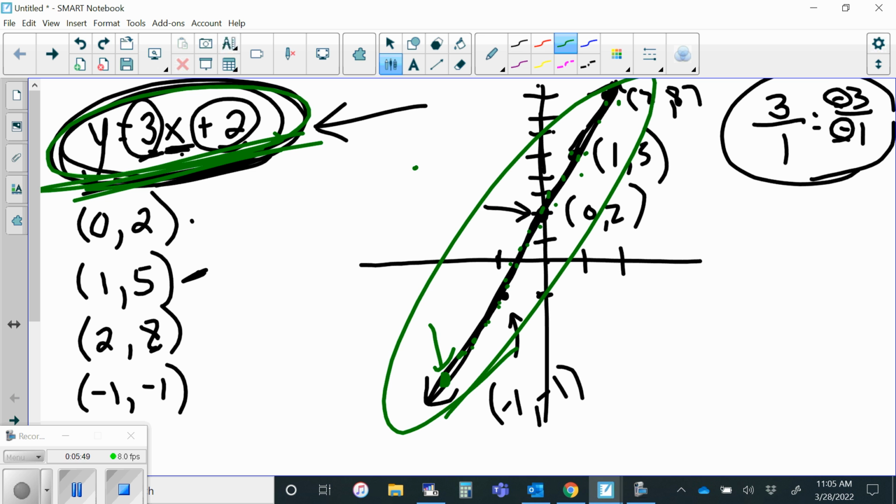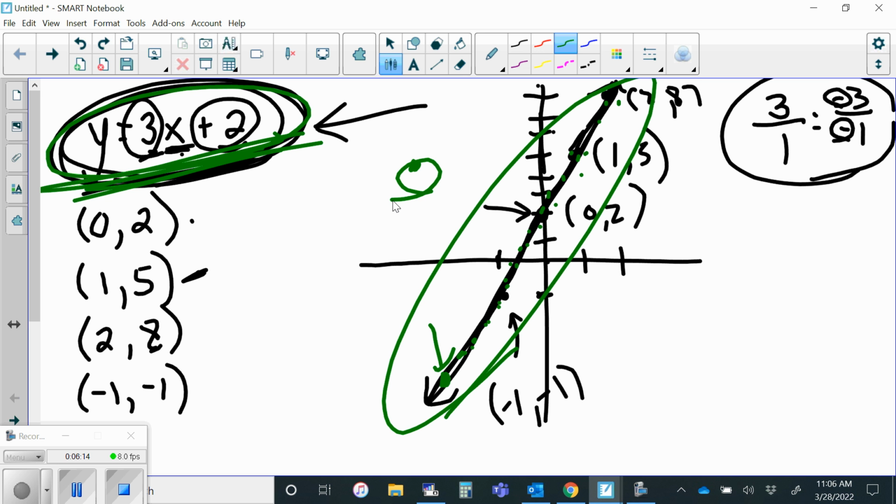What does that mean for this ordered pair? What would that ordered pair do to my equation? It would make my equation false. Why? Because it's not on the line. It's not an answer to this equation. Now, it might be an answer to a different equation, but not the one I'm discussing right now. What is a graph?